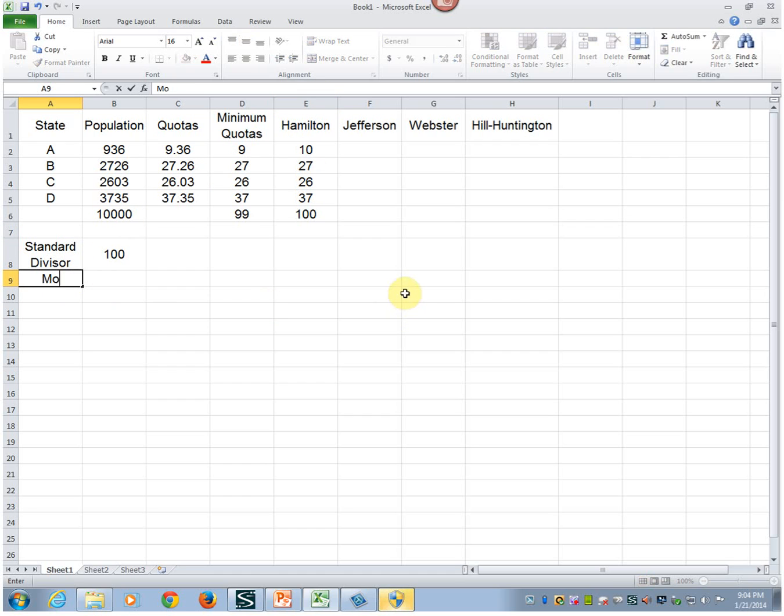So I'm going to guess one at random. I'm not going to pick one that I know will work. So for Jefferson, instead of 100, I know that I'm going to have to move that down. So let's try 99 as our modified divisor.